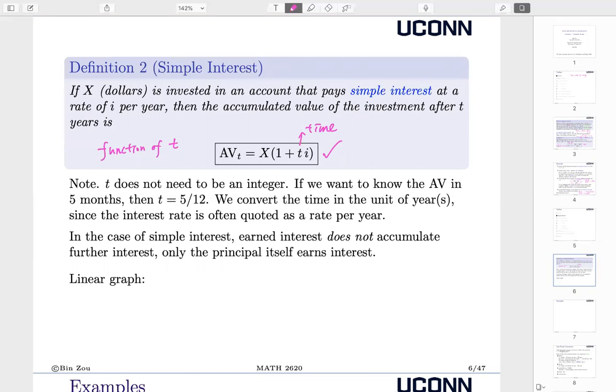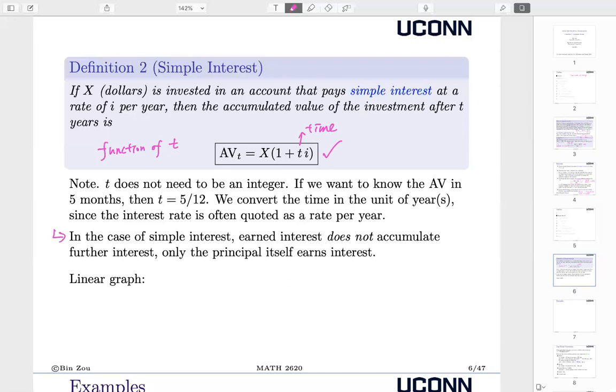Then all I need to do is to use 5 divided by 12, because there are 12 months in a year. And if the information is given in days, you should also convert the corresponding days into years. Typically, you will need more information because there are different counting rules, which we will talk about in a few slides.